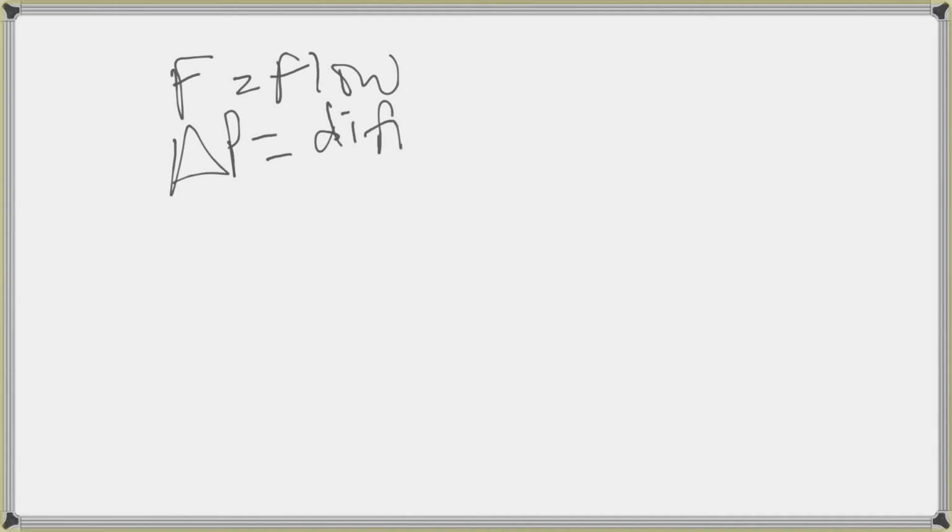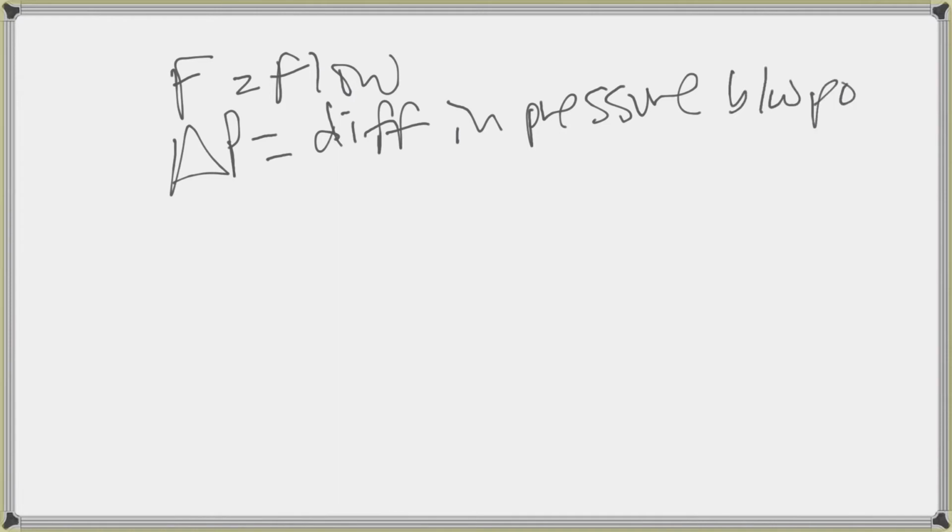F, which is flow, equals delta P over R. Delta P is the difference in pressure between points, and I'll tell you what I'm talking about in just a second. And R equals resistance.